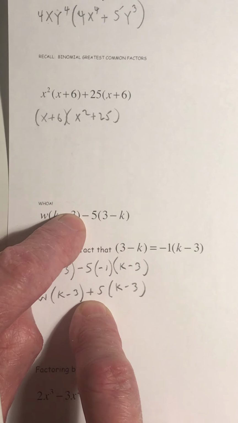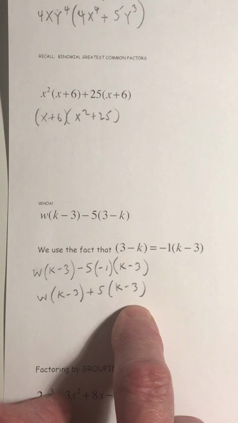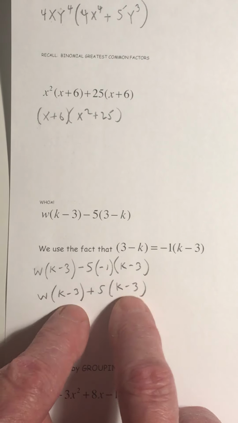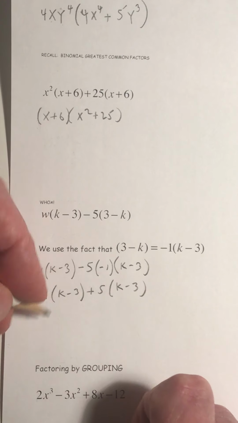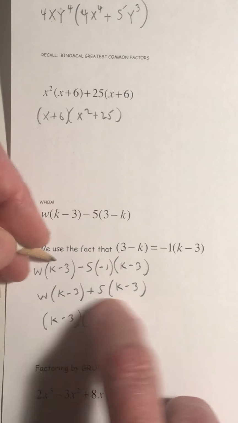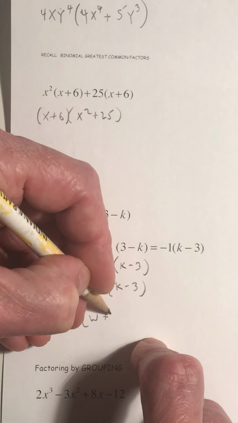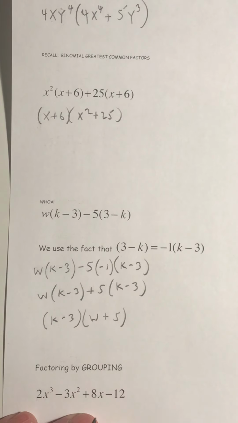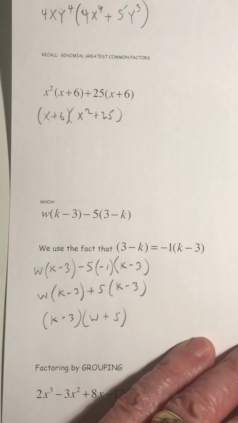You get back the number you started with. So we didn't break any rules, we didn't change any values, but now we have a matching common binomial term of k minus 3. And I can write k minus 3 times w plus 5. That's one of our new tricks for today.